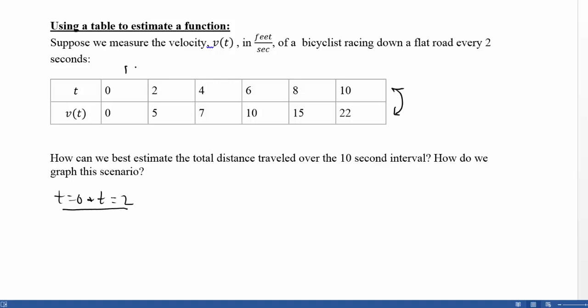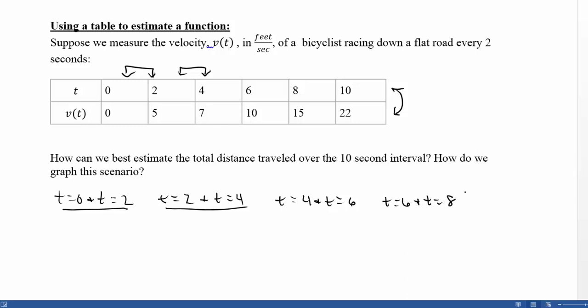That's our first little interval here. And then we're going to look at what happens between time equals 2 and time equals 4. That's our second interval here. Then we'll look at what happens between time equals 4 and time equals 6. And then time equals 6 and time equals 8. And then finally, what's happening between time equals 8 and time equals 10.